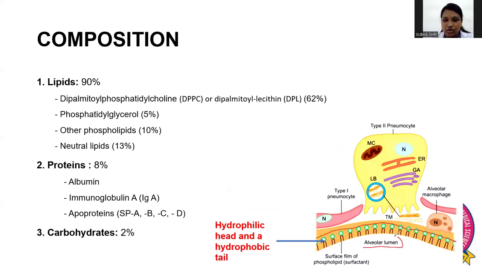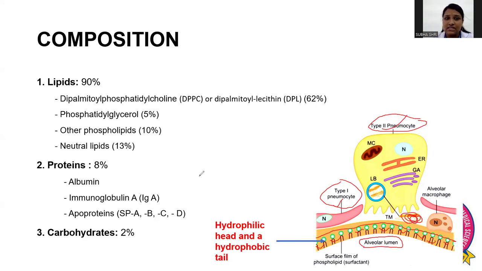This is the alveolar lumen, and these are the alveolar cells. So this is type 1 pneumocyte and this is type 2 pneumocyte. So from these type 2 pneumocytes the surfactant is secreted, and it will go and line the inner surface of the alveoli along with the water molecules.